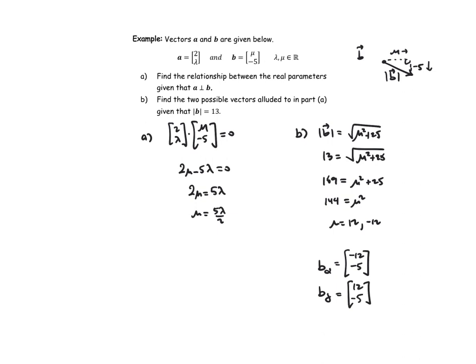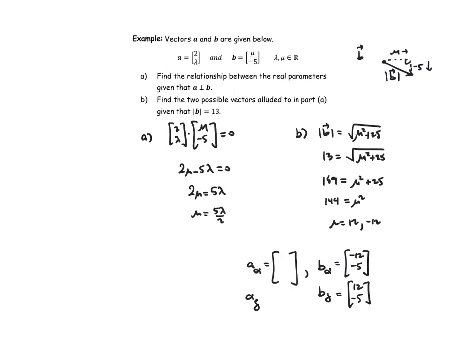Now there's no change with the negative 5. Let's match this up with A alpha and A delta. Okay, so A alpha would have a lambda value that would match up with mu being negative 12.